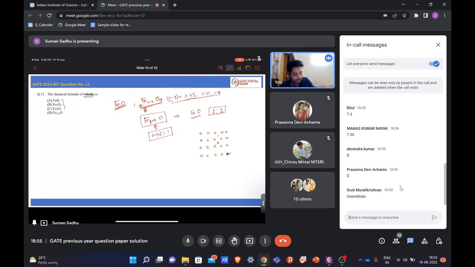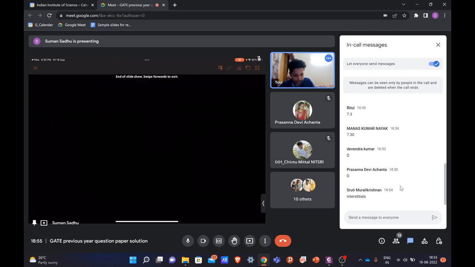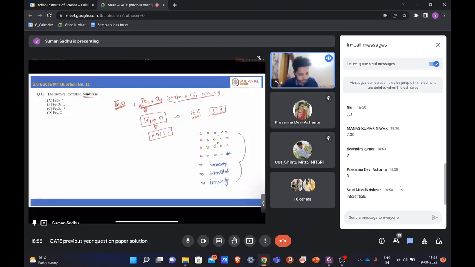So these are all the different types of point defects: vacancy, interstitial, and impurity. These are for the metal matrix, right? So this impurity can be either interstitial or substitutional.